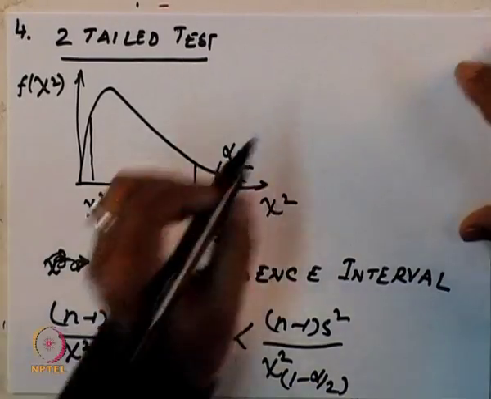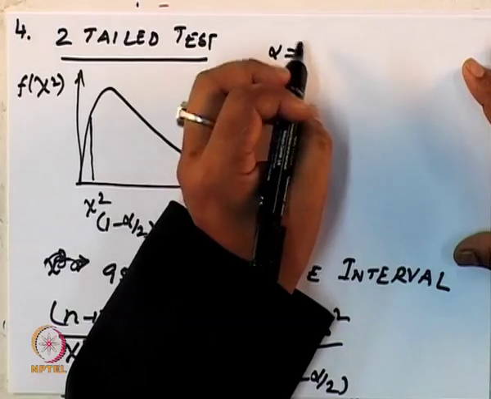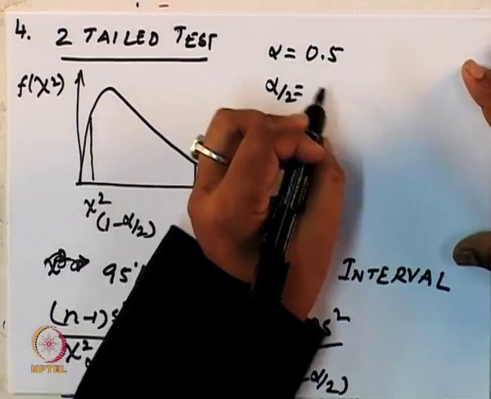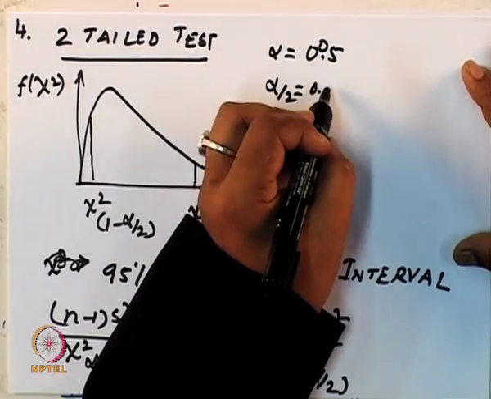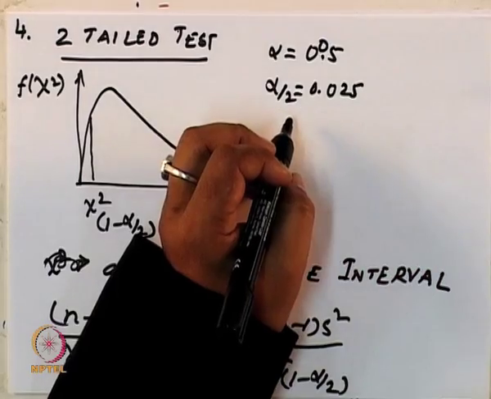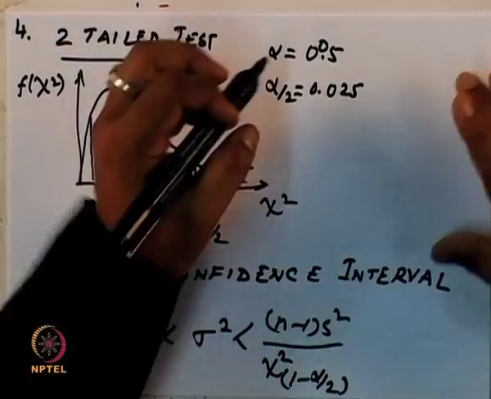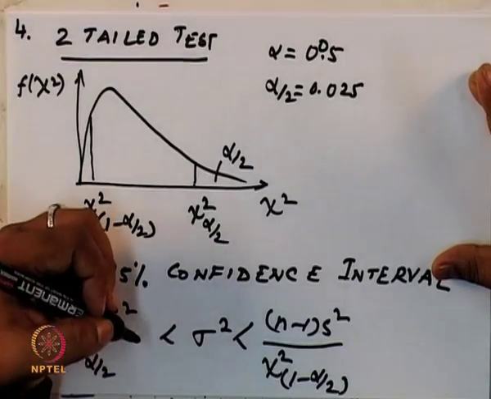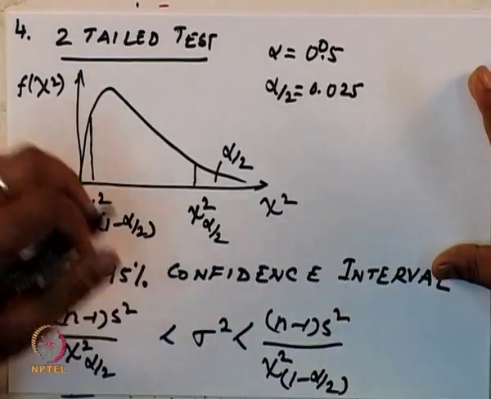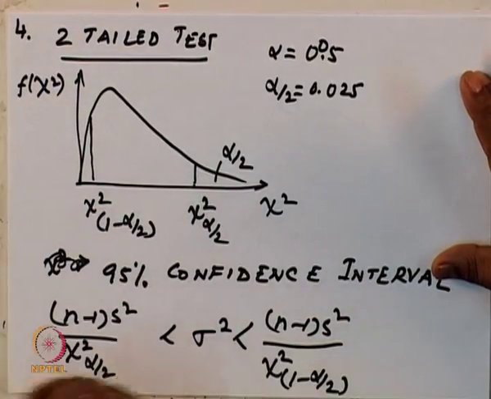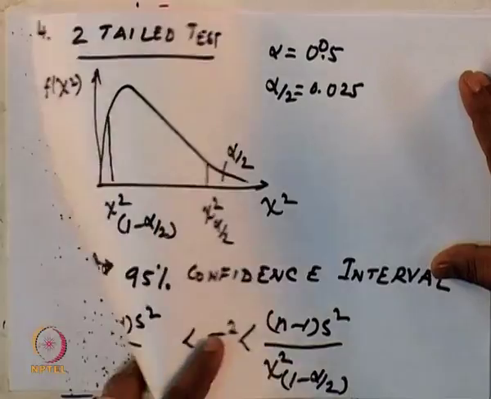If you choose alpha equal to 0.05, then alpha by 2 is going to be 0.025, and the values are chi-square of 0.025 and chi-square of 1 minus 0.025. Based on this, you can calculate the 95% confidence interval.